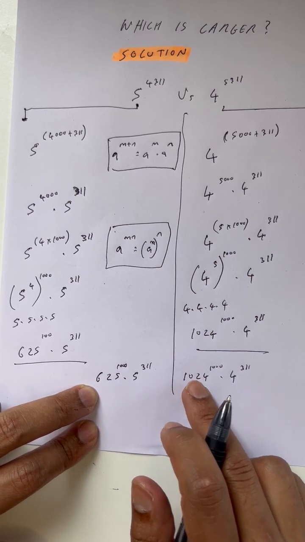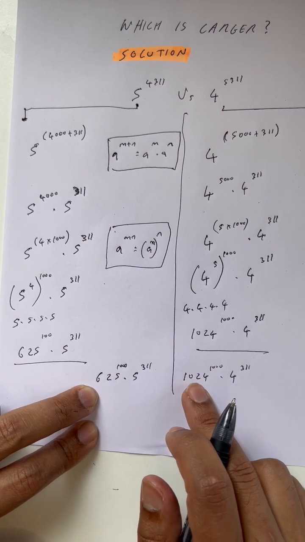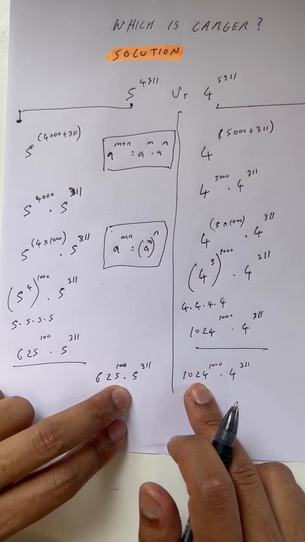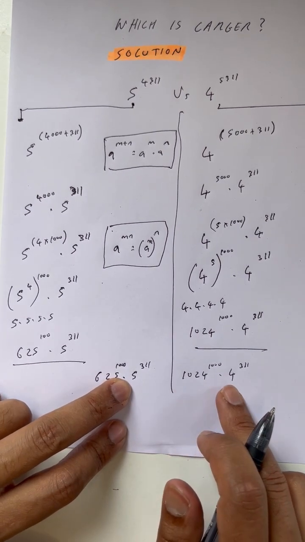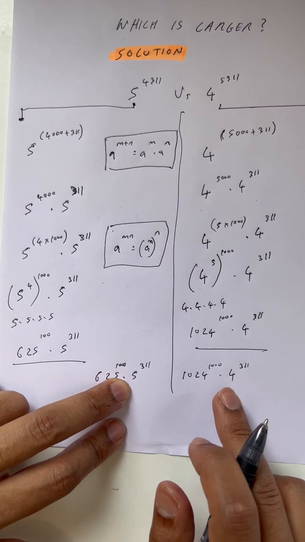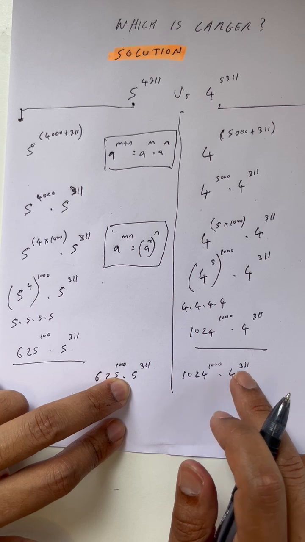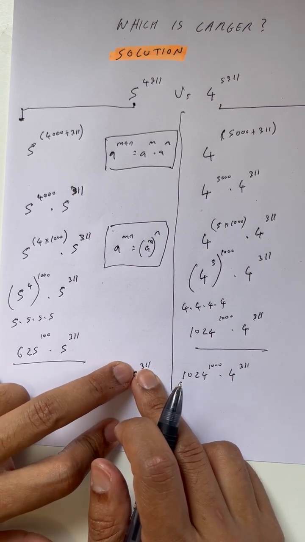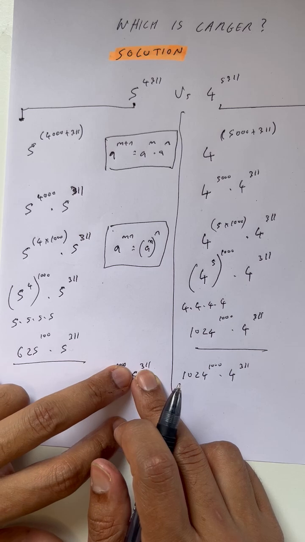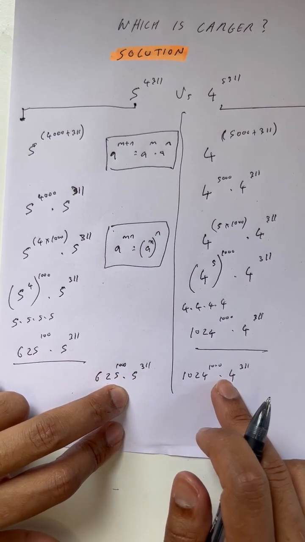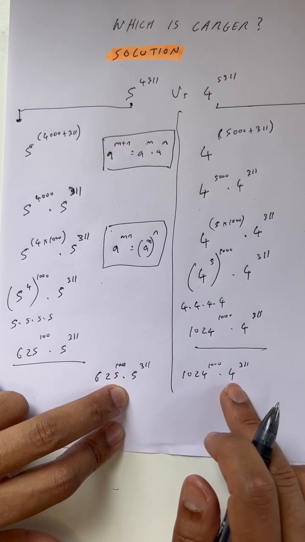We can conclude 1024 to the power of 1000 is greater than 625 to the power of 1000. Now, if we move on to the second term on each side, we have 4 to the power of 311, and we have 5 to the power of 311. So it's good that we've got the same powers, but the bases are different. 4 is less than 5.